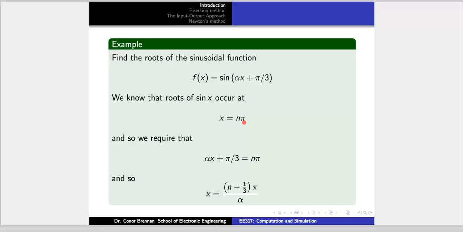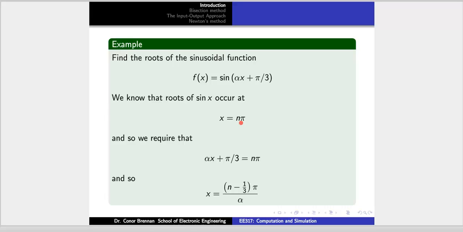So if x is equal to 0 or pi or 2 pi or 3 pi or minus 2 pi, any integer multiple of pi, we get a root. Okay, that's for sine x.